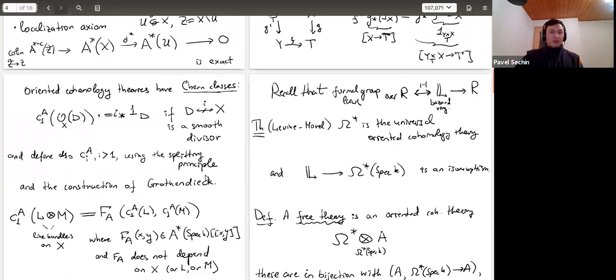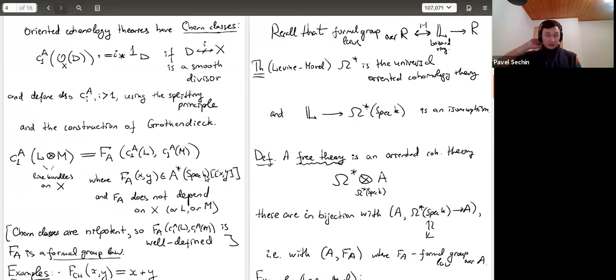One more important thing about oriented cohomology theories is that they have Chern classes. The first Chern class of a line bundle O_X(D), where D is a smooth divisor, can be just defined as the push forward of the unit element in the cohomology ring of D to X. We can just take this as a definition, and then there are ways to extend the definition to all line bundles, and to higher Chern classes using the splitting principle and the Grothendieck construction.